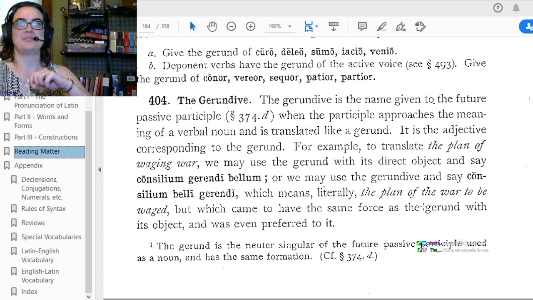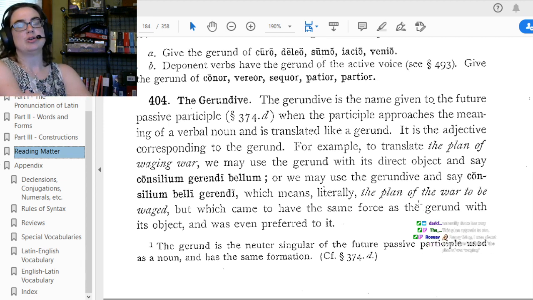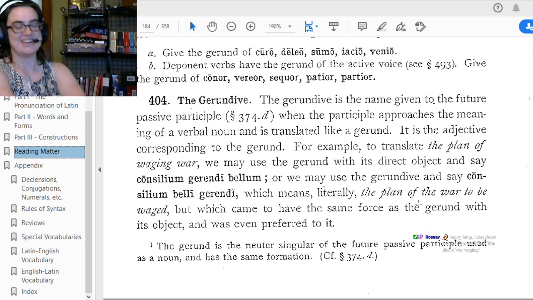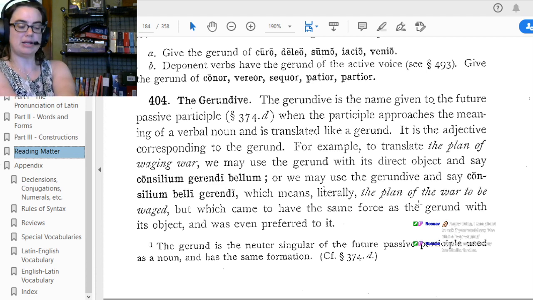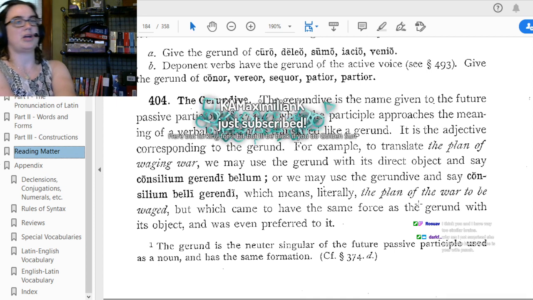So, that's the gerundive. The Romans prefer it. Exactly, the plan of war waging. That is 100% what I say to get the force of the gerundive. But again, most of the times, the gerundive is turned into a gerund in English, and the noun becomes its object.